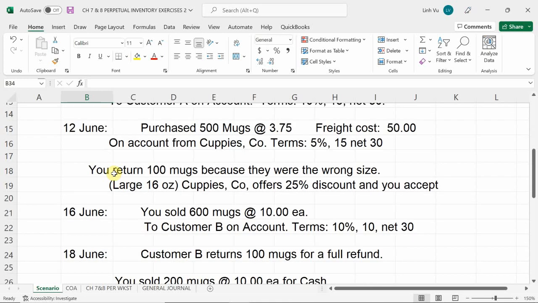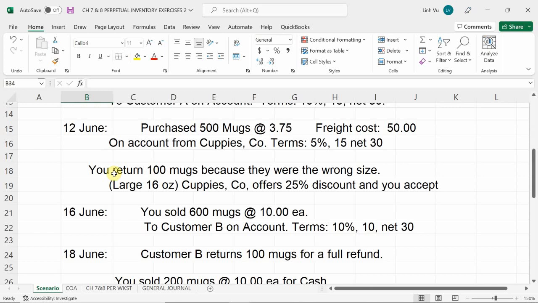Second batch of inventory I purchased on the 12th here, where I end up purchasing 500 units, but 100 of those units end up being the large size, so they were discounted 25%. So in this case, that's going to be a reduced amount here. But let's take a look here.